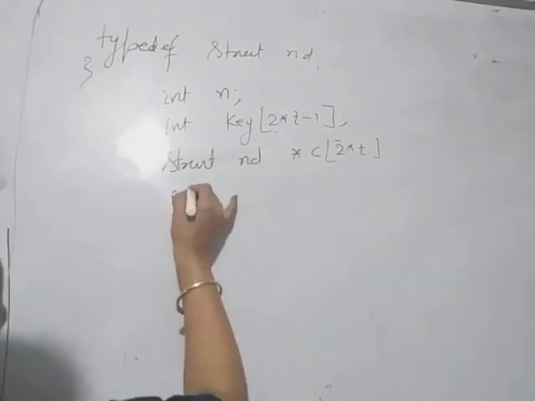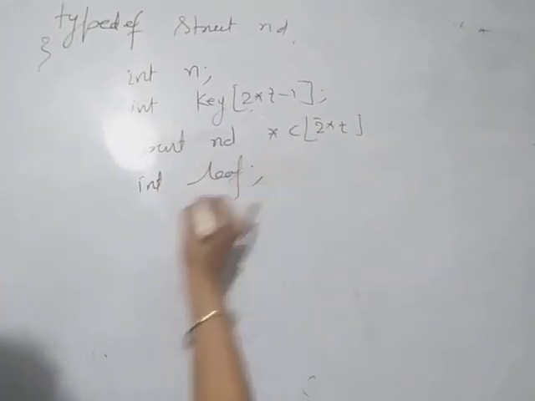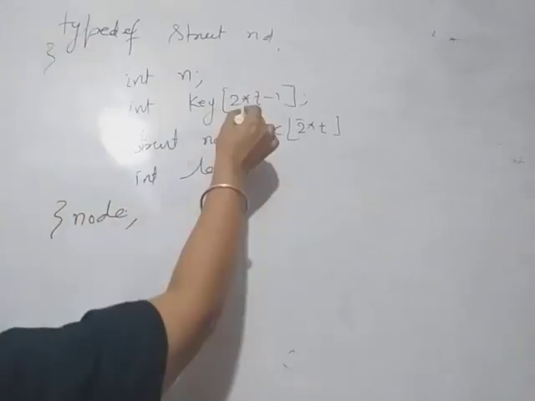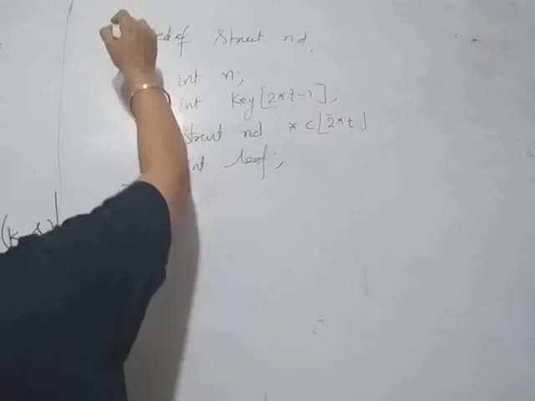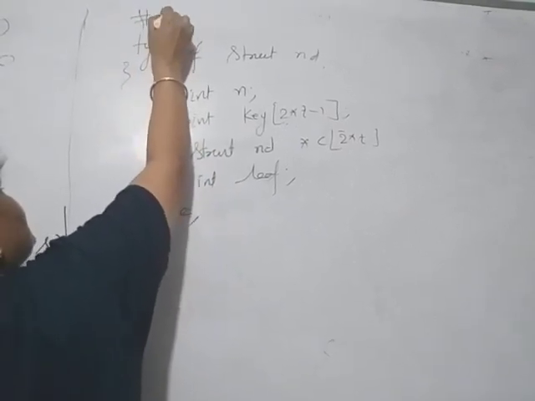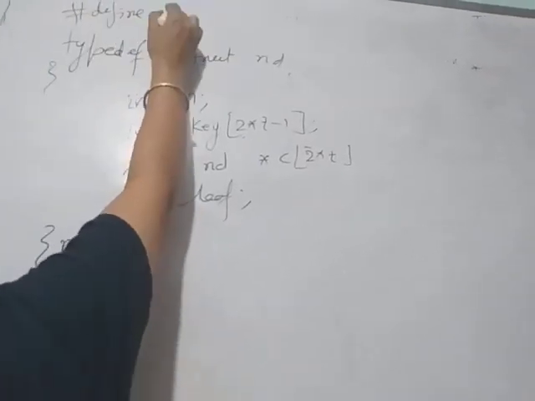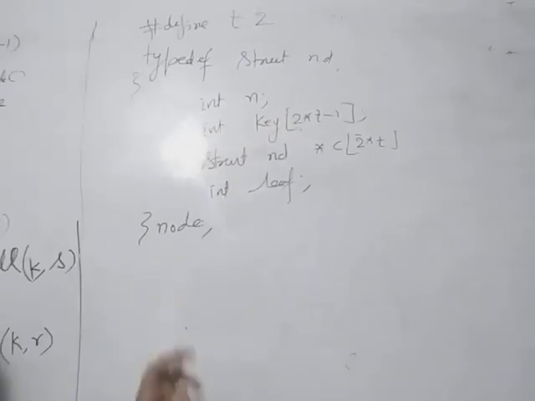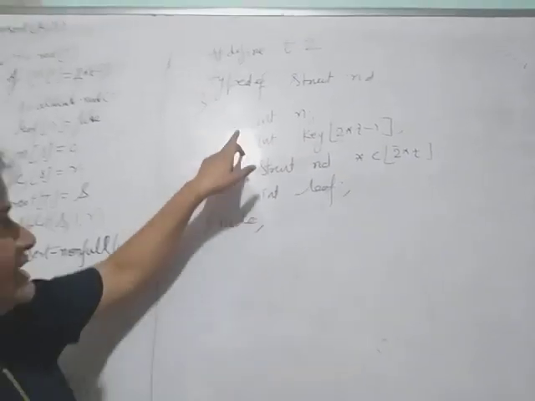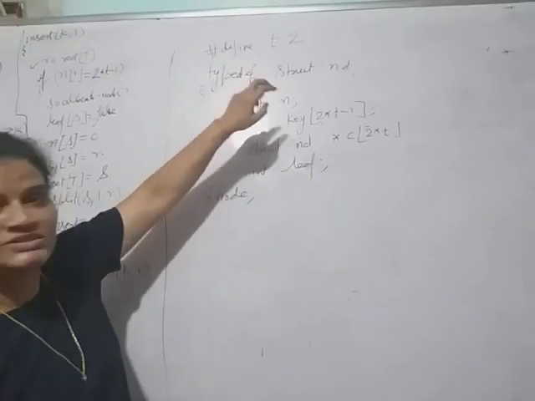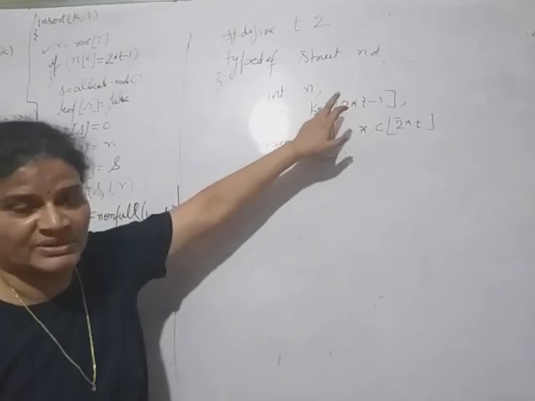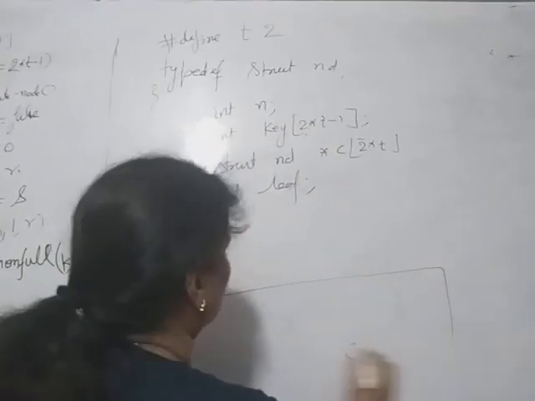And one more field is leaf. This is the node structure. I have used t as the degree of the tree, so you can declare t as a constant using #define t. Suppose the degree is 2. Now carefully note that if t is 2, it will allocate memory for the maximum number of keys. So this is your node structure.